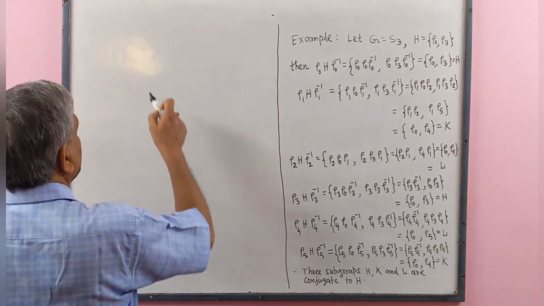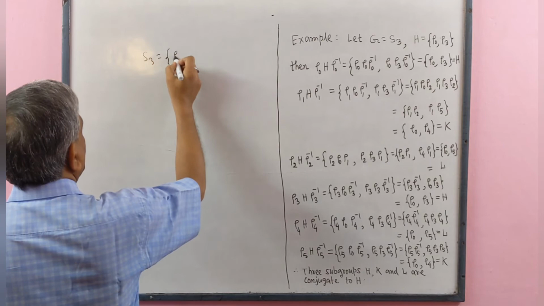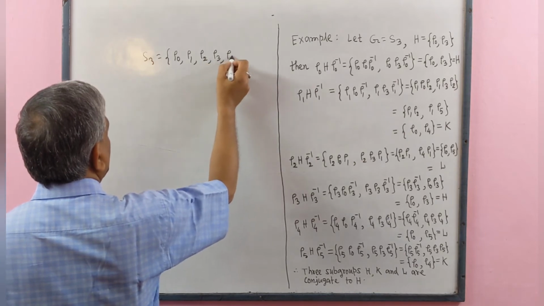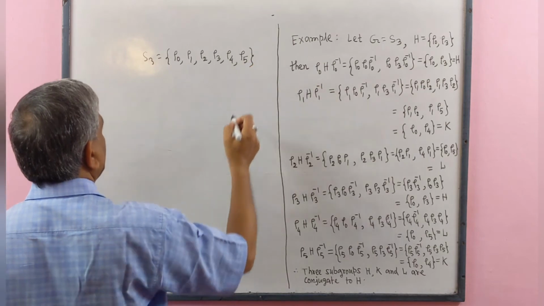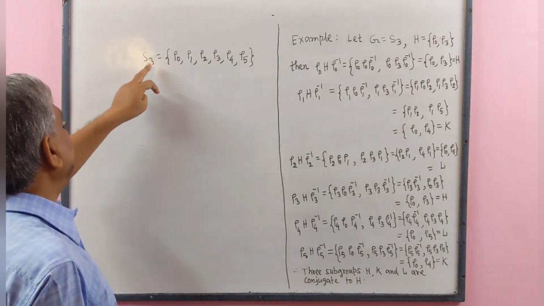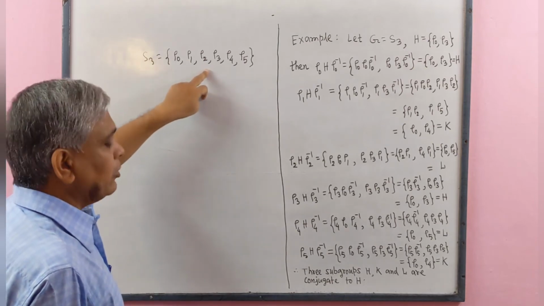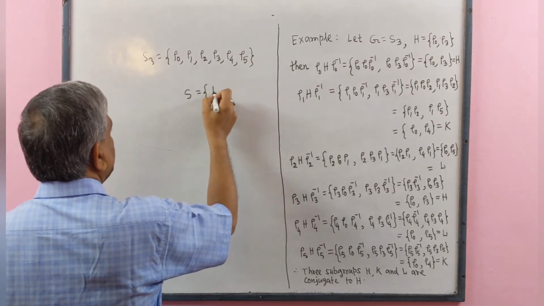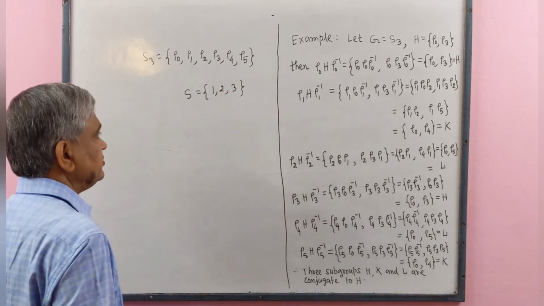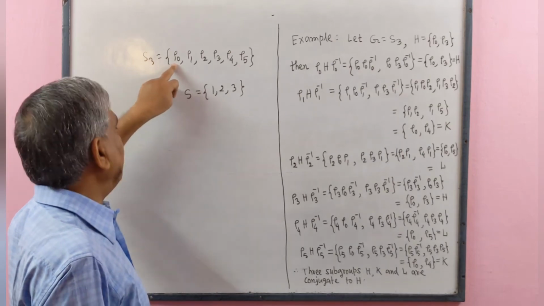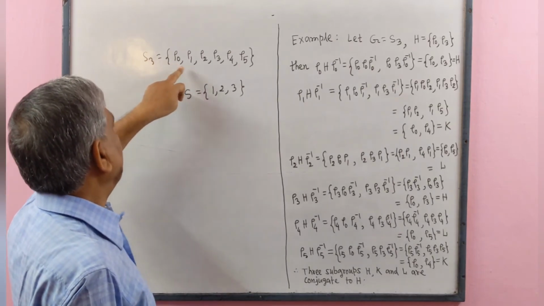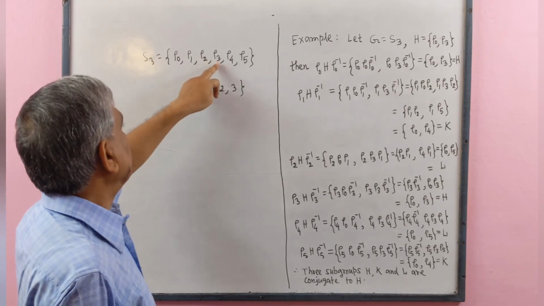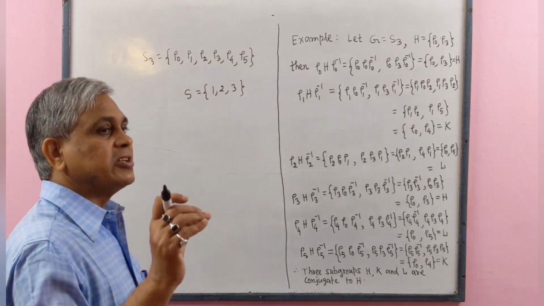Elements of S3 are ρ0, ρ1, ρ2, ρ3, ρ4, ρ5. Each element of S3 is a permutation defined on the set S containing elements 1, 2, 3. ρ0 is the identity permutation, ρ1 and ρ2 are permutations of 3-cycle, and ρ3, ρ4, ρ5 are permutations of 2-cycle.